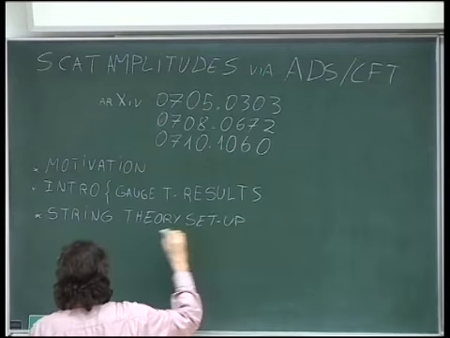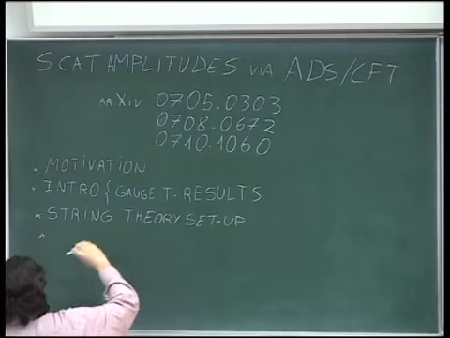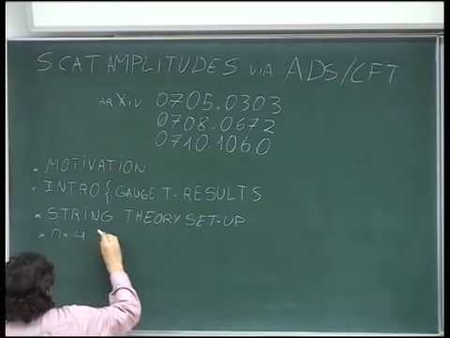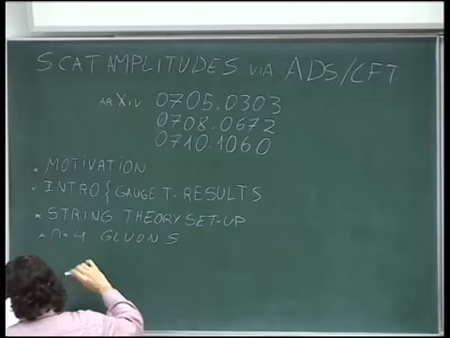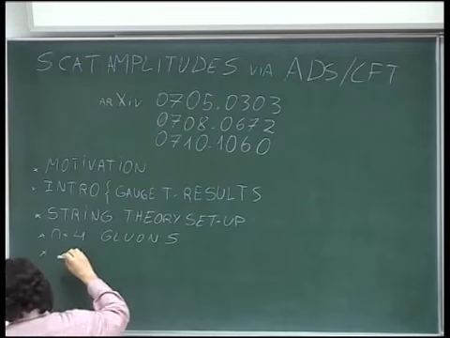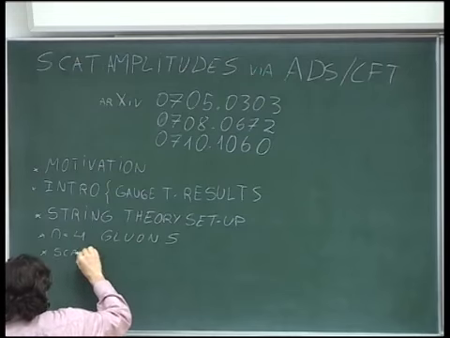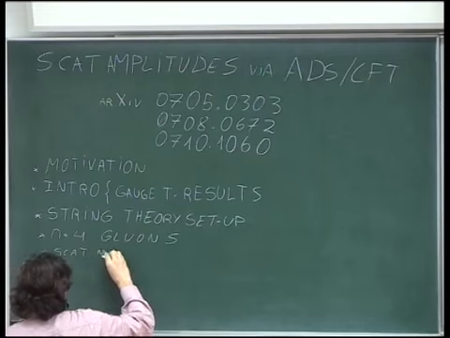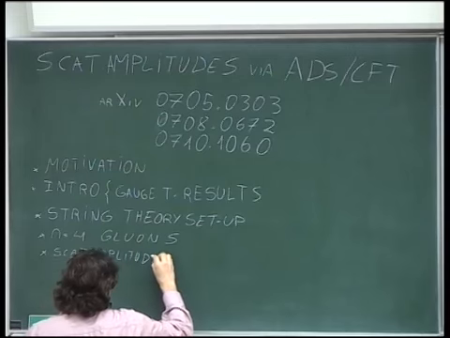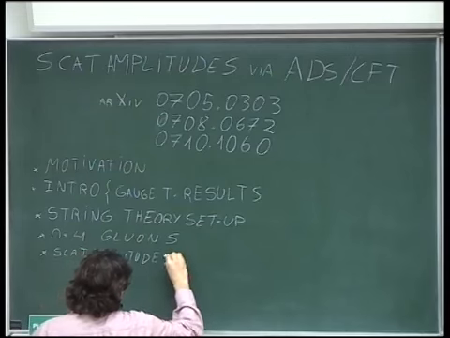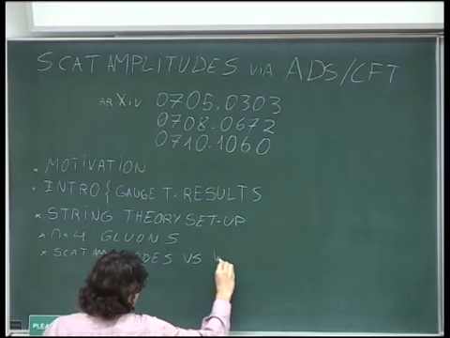And we will proceed and compute the amplitude for the case of 4 gluons. Then, if I have time, I will talk something about scattering amplitudes versus Wilson loops.